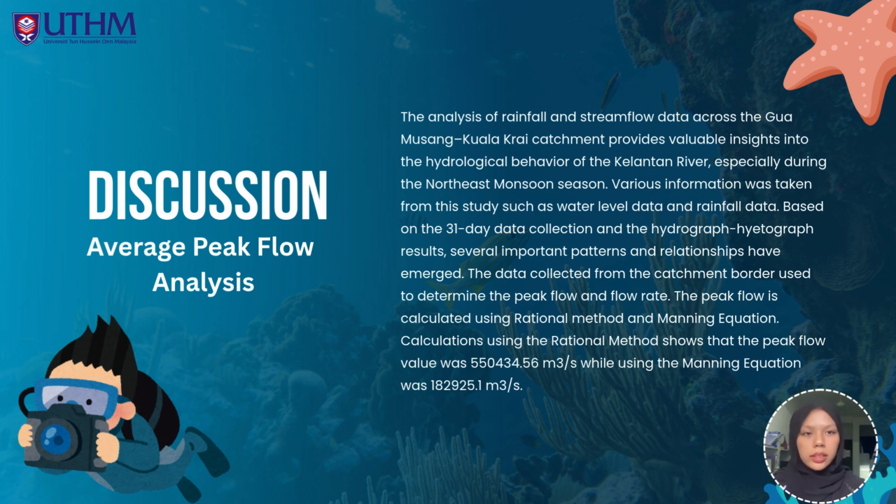The data collected from the catchment border was used to determine the peak flow and the flow rate. The peak flow is calculated using the rational method and the Manning equation. The rational method shows that the peak flow value was 550,434.56 meter cubed per second, while using the Manning equation it was 182,925.1 meter cubed per second.